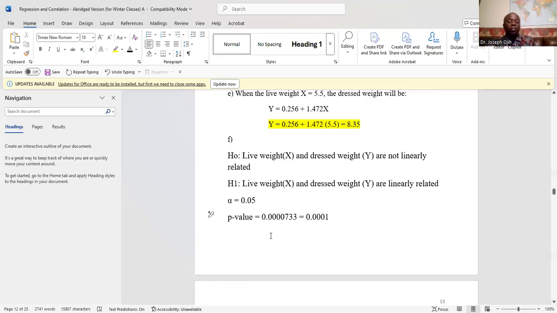Now, this p-value is less than the alpha. If you remember, when the p-value is less than alpha, we reject the null hypothesis. This comes under decision.